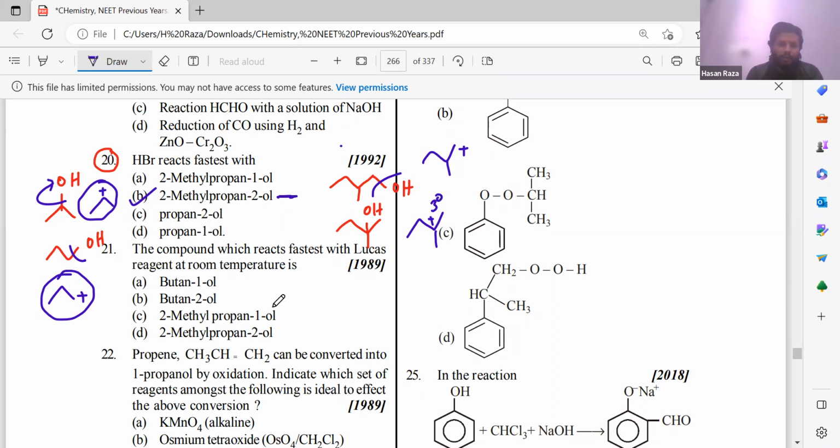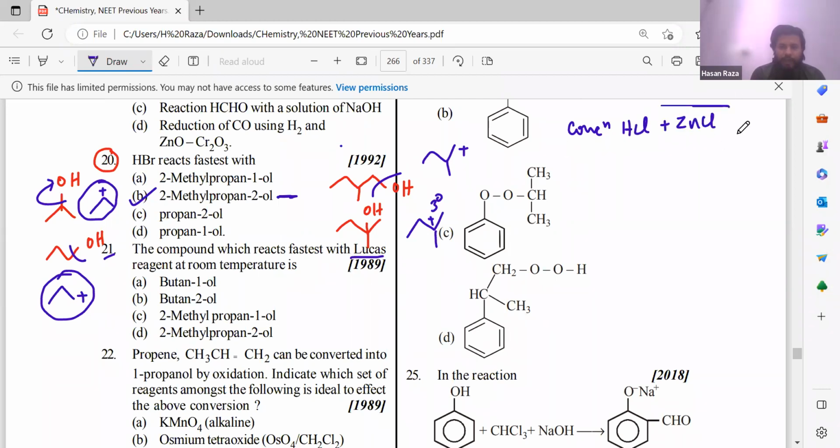Okay. Now you are going to do question number 21. The compound which reacts fastest with Lucas reagent at room temperature. In the previous class, I discussed Lucas reagent. Do you remember what Lucas reagent is? Yes or no? Yes. Lucas reagent is basically concentrated HCl, very good, plus ZnCl2.